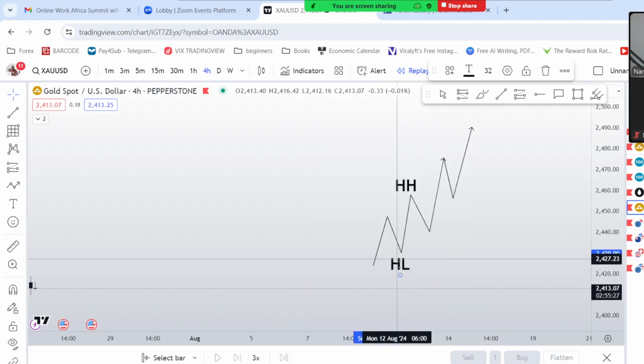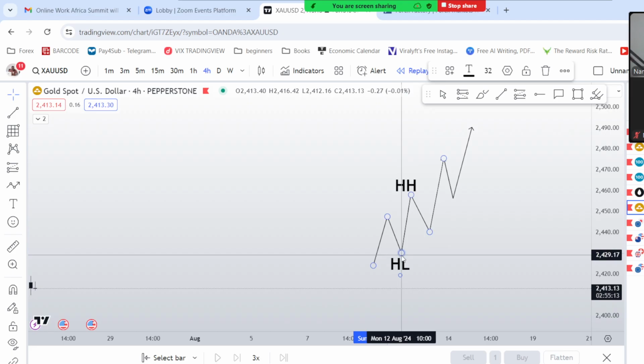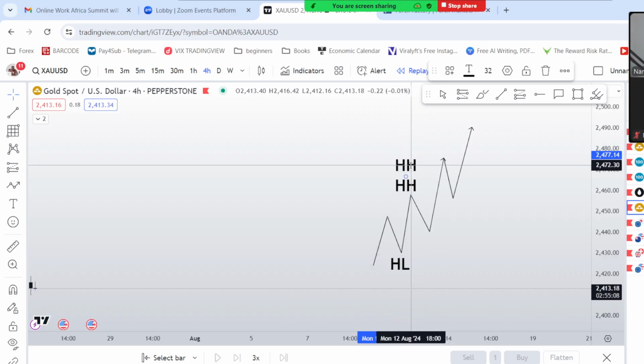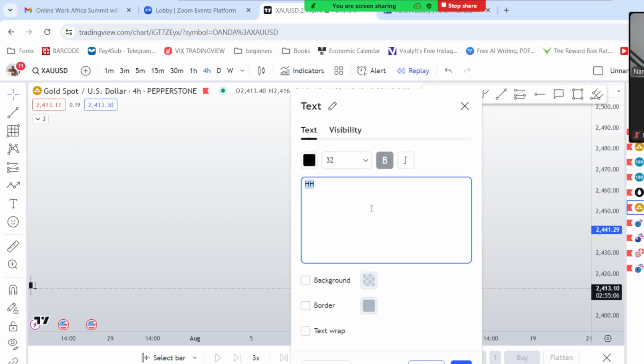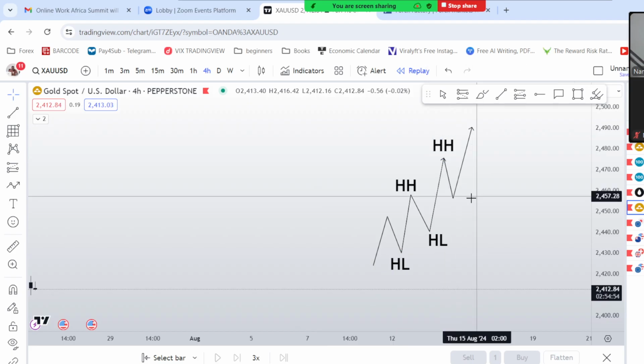You can see that this level over here is lower than this one. That is why this is called a higher low, and that is called a higher high. And the same point, this level is also lower than the new swing point that is going to form, the higher low, then it forms a higher high. So it moves on.